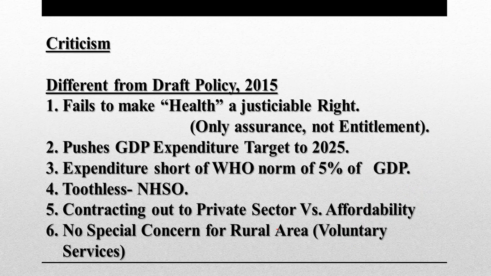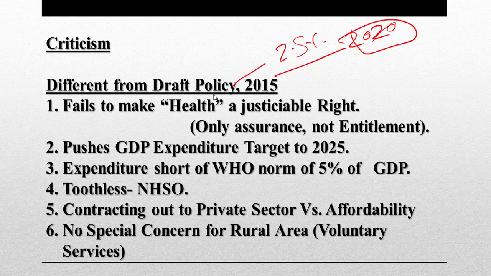Now let us come to the final leg of our discussion, that is criticism. This policy is different from the draft policy of 2015. This policy has been carved out of the draft policy of 2015. The draft policy was put up two years ago, in 2015, on the website of the Ministry of Health and Family Welfare.